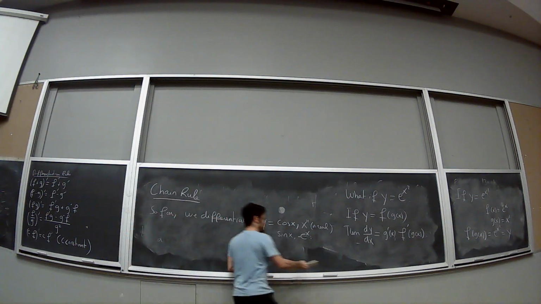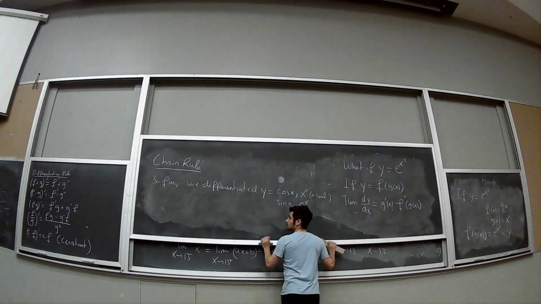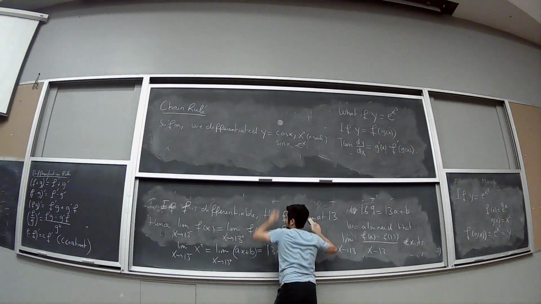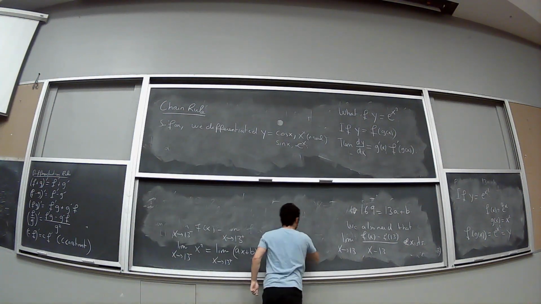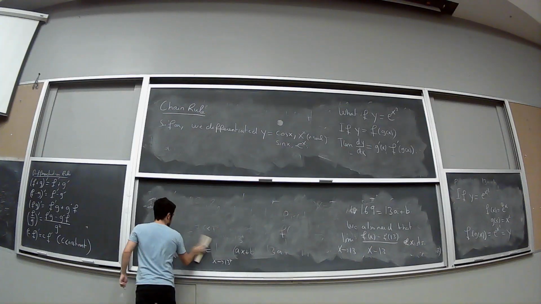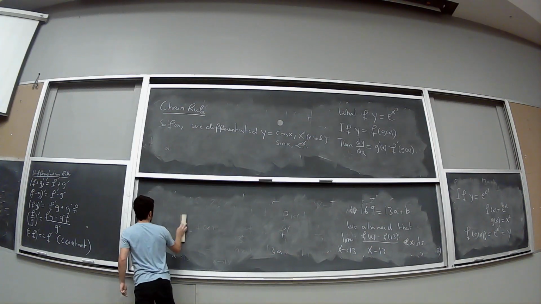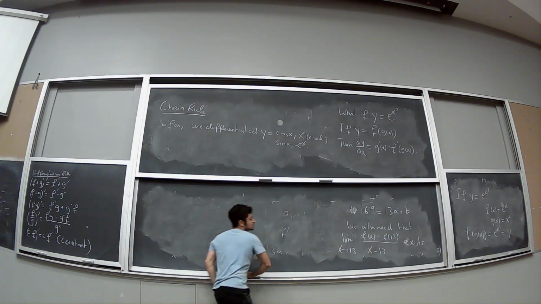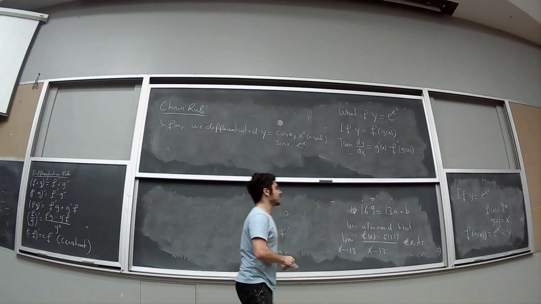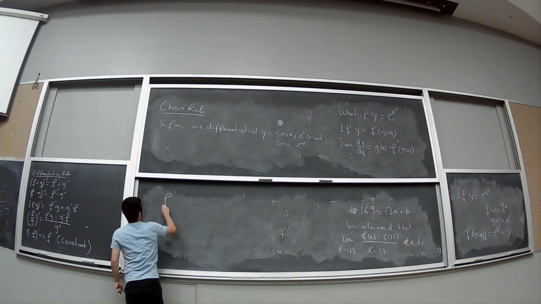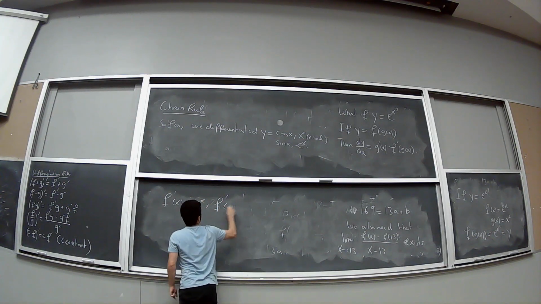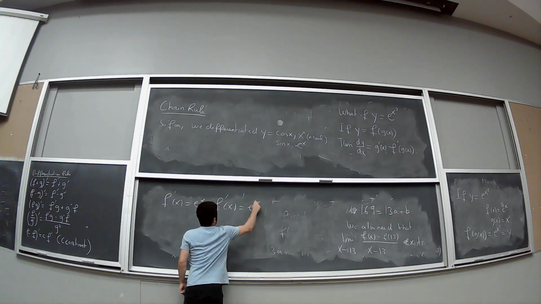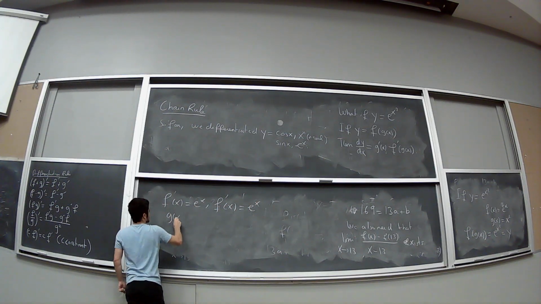So what is y prime in that case? Let's look at f prime and g prime. What is f of x? f of x is e to the x. What is f prime of x? g of x is x squared.